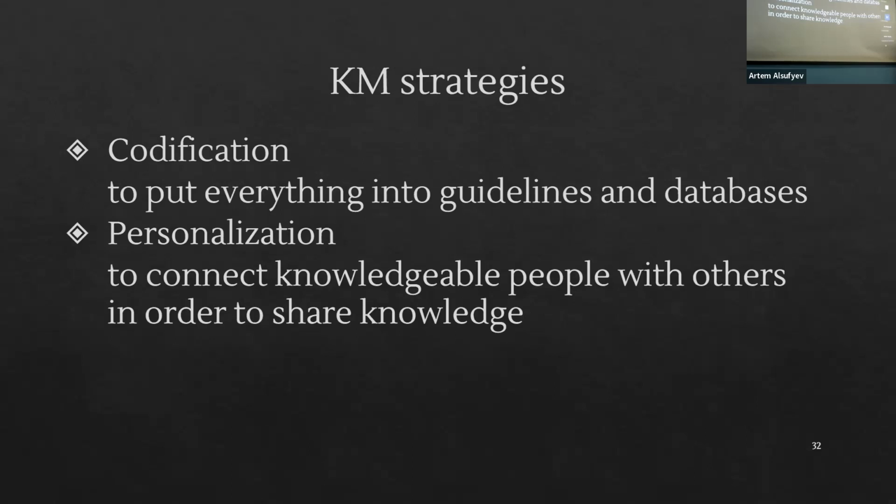In the codification strategy, knowledge management strategy, we have guidelines, and we connect these people to these guidelines, and they stick to these guidelines. Maybe we could test their knowledge, maybe they could have short internships in our local bakery or department, whatever, so that they know how to apply this knowledge. But these are two foundationally different approaches.